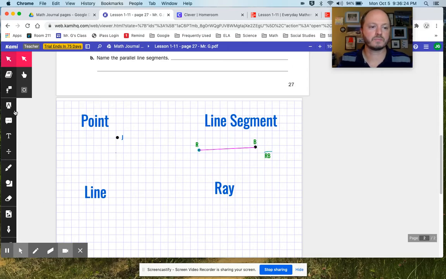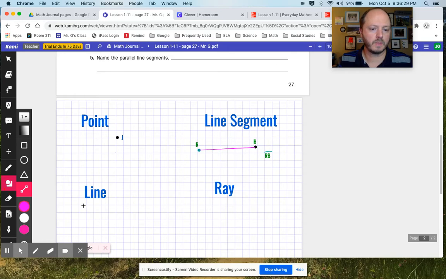And so I'm going to make now another line segment. But what I'm going to insert here, I'm going to use the triangle to just kind of help me with that. I'm going to put in little arrow ends with my triangle.